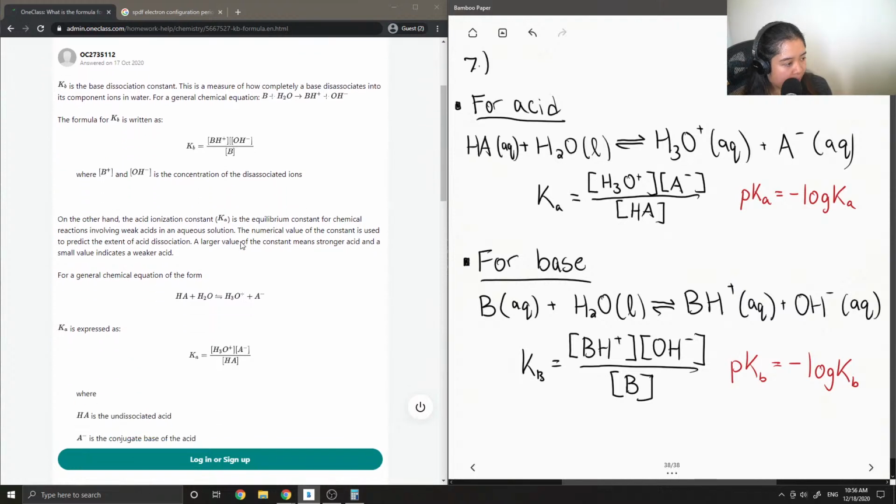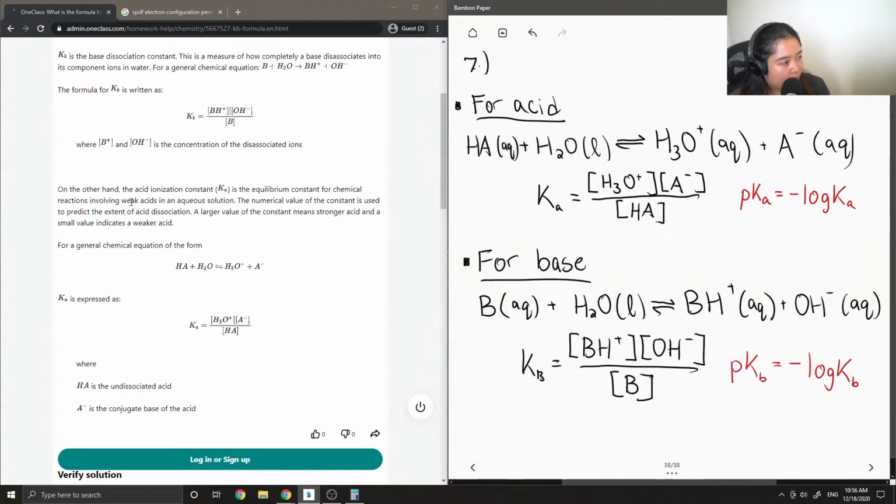On the other hand, the acid ionization constant, Ka, is the equilibrium constant for chemical reactions involving weak acids in an aqueous solution. The numerical value of the constant is used to predict the extent of acid dissociation. A larger value of the constant means a stronger acid, and a small value indicates a weaker acid.